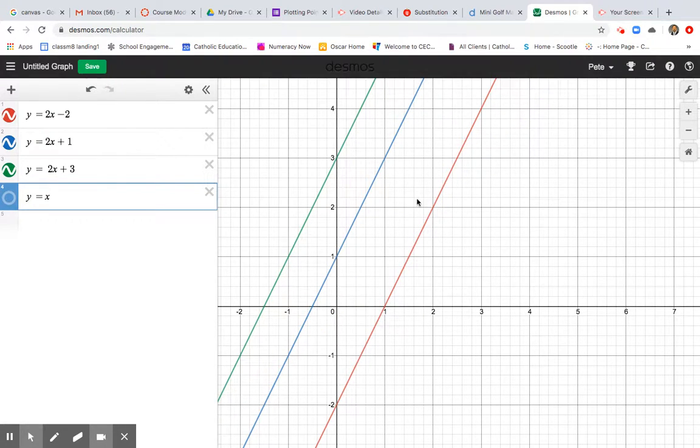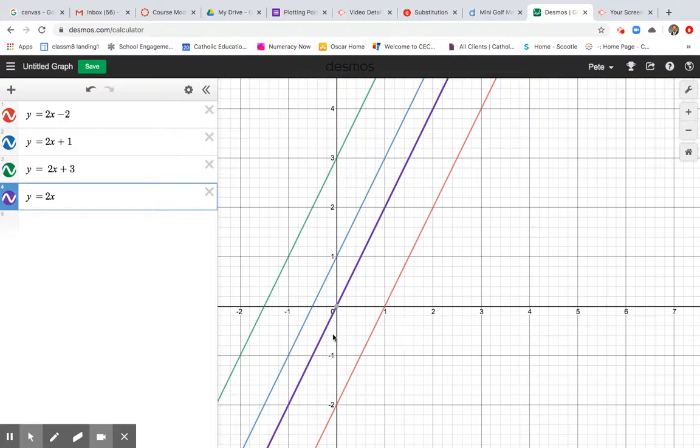What makes those three lines all the same? I wonder if you could write another line that would be the same or similar to all those three. Perhaps it just might be y equals 2x. So this 2 in front of the x has something to do with the direction or the slope.